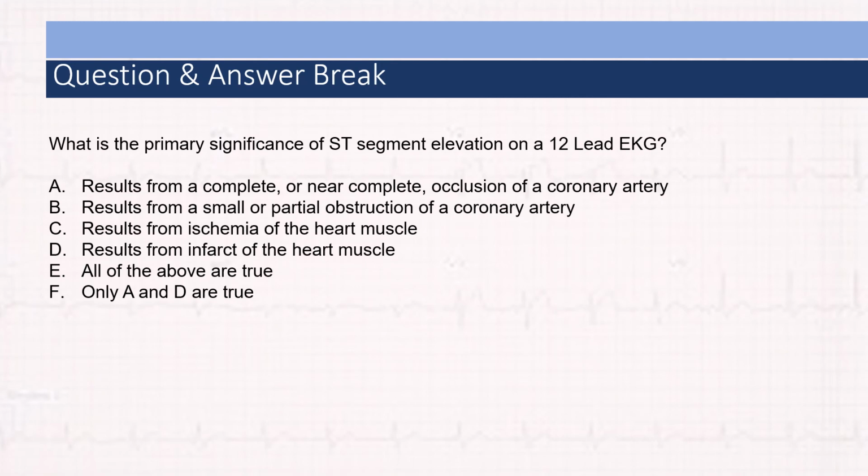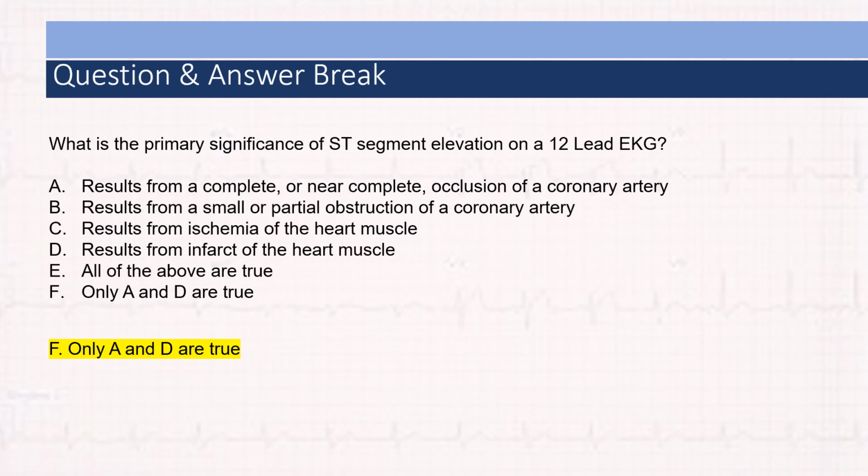D, results from infarct of the heart muscle. E, all of the above are true. F, only A and D are true. If you answered F, only A and D are true, you are correct.